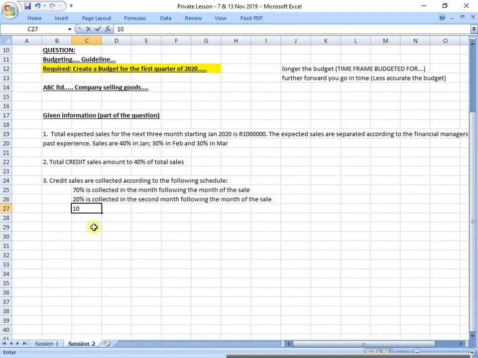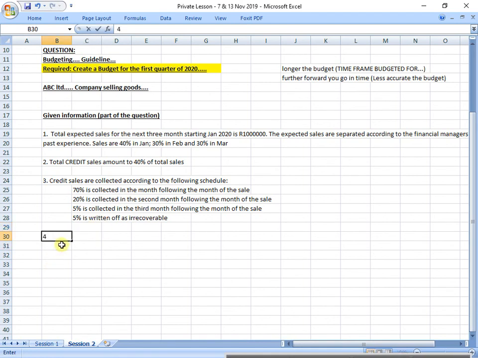And then 10%, or let's do 5%. How much do I have? I've got 90. 5% is collected in the third month following the month of the sale. And then let's say 5% is written off as irrecoverable. Right, so that's looking at the receipt side of things.